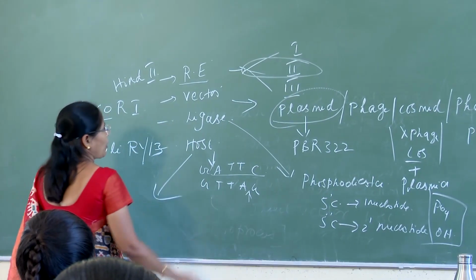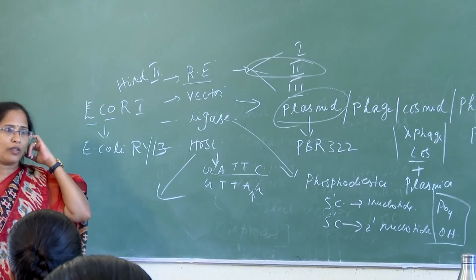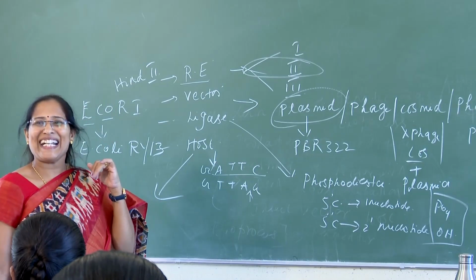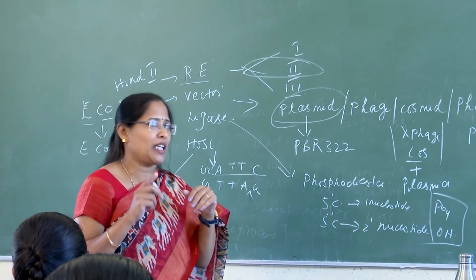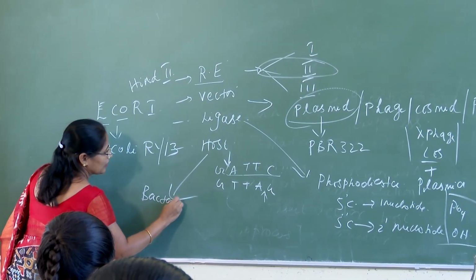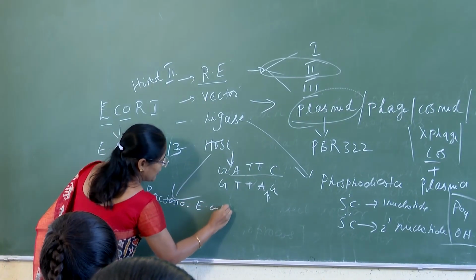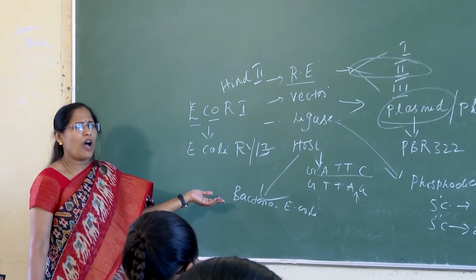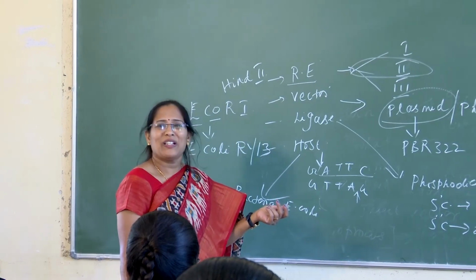Next is your host. Which are the two common organisms used as a host? Generally, if they ask, it is options only. If it is bacteria, it is E. coli. Other than that, you should answer fast now.